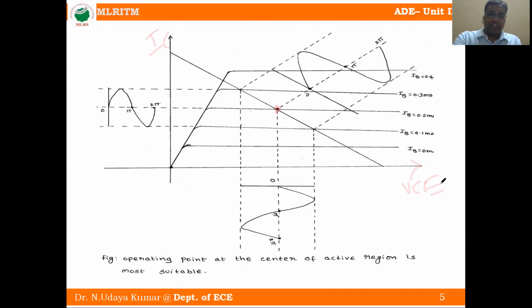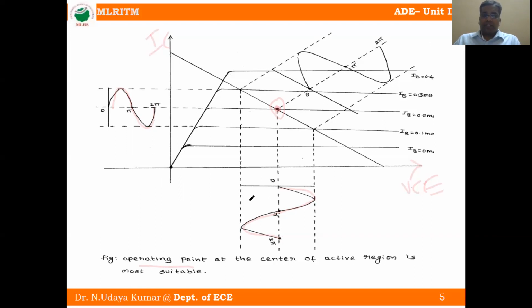Here the collector current is amplified. Here the voltage signal is also amplified. There is no clipping. So there is no portion clipped here compared to the previous one, because the Q point is fixed at the middle of the active region. So the operating point or Q point at the center of the active region is most stable.